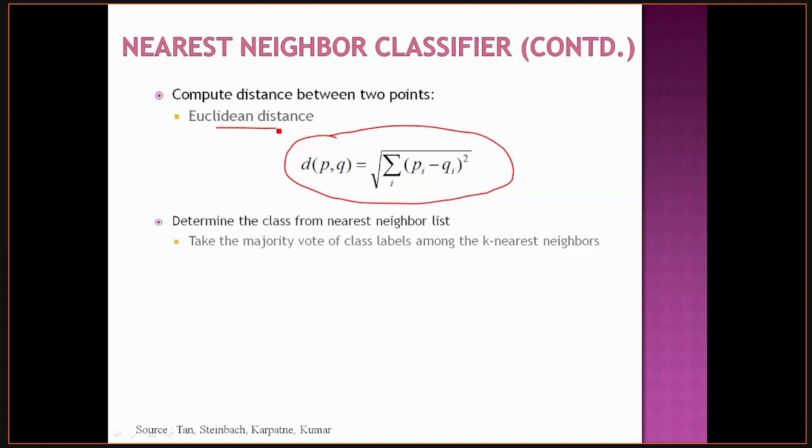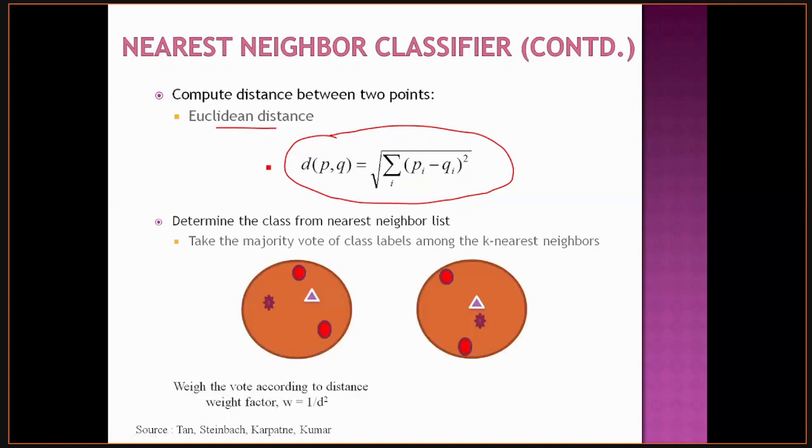If the test record has xt, yt as the coordinates, and the training records have x1, y1, x2, y2, x3, y3 and so on, then for each point we calculate (x1 minus xt) squared plus (y1 minus yt) squared. We keep doing that summation for all the different points of the training record, and we calculate the distance.